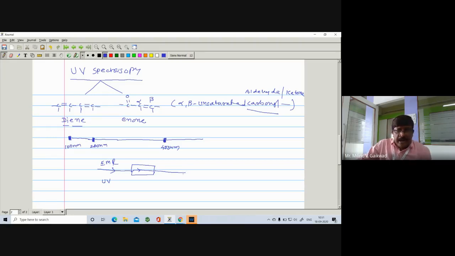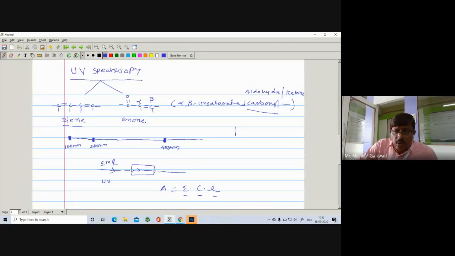Here we detect the light using Lambert's Beer law, and how much light gets absorbed. So A, absorbance, is equal to epsilon times C times L, where epsilon is the extinction coefficient, C is the concentration of the solution, L is the length of the cell, and A is the absorbance. So here we find the absorbance in UV.